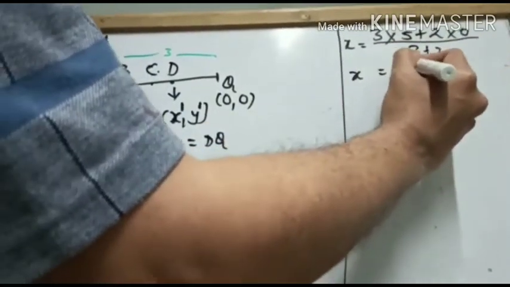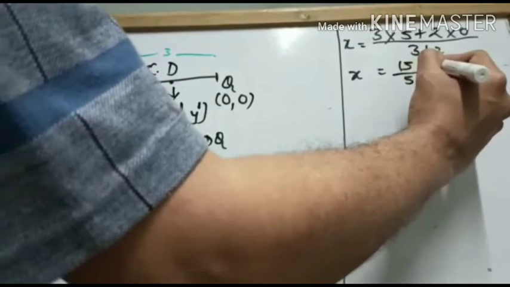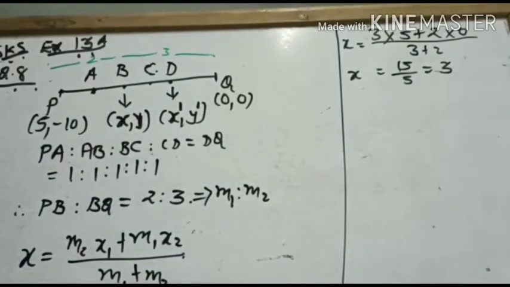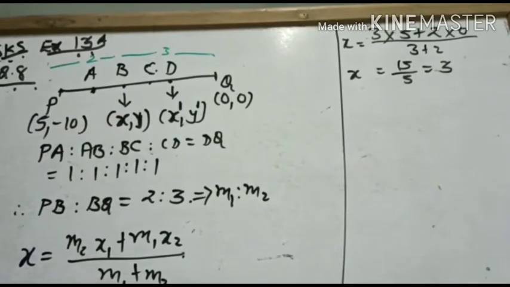So your x will be 15 over 5, which is equal to 3. That gives us the x coordinate of B.